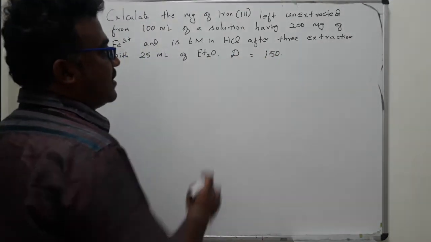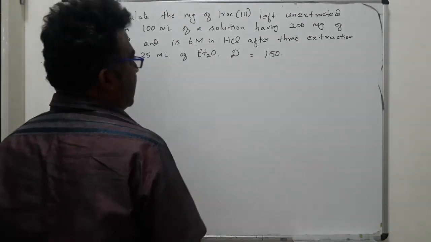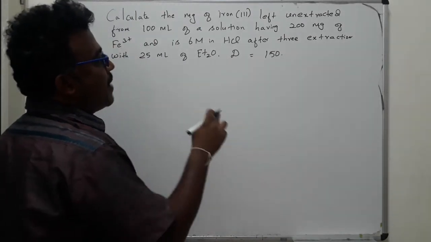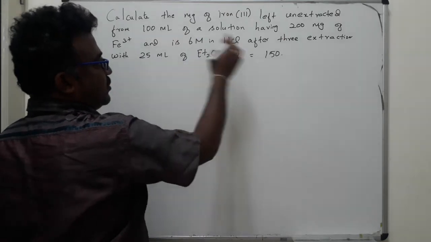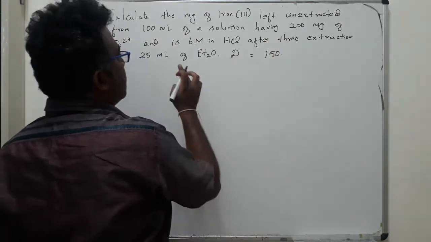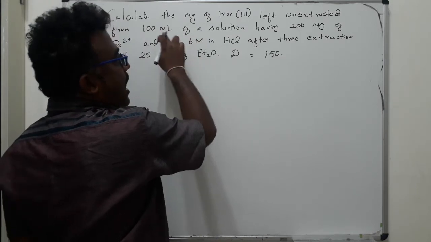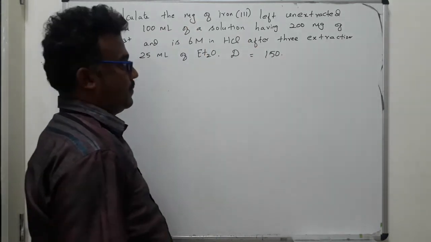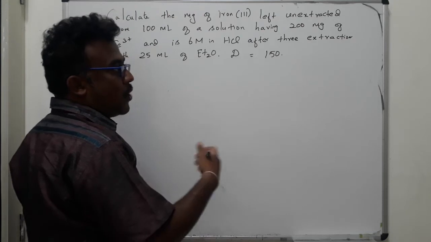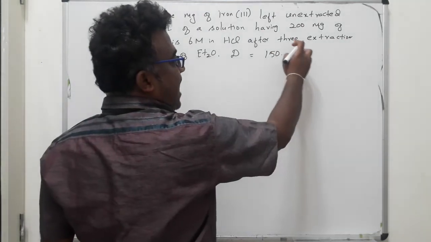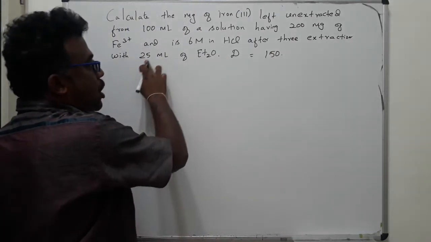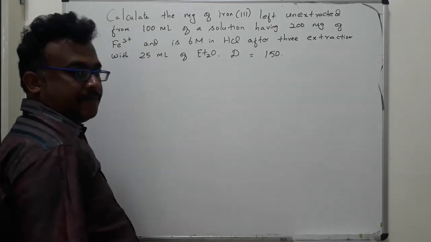So they have given the distribution ratio which is 150 and the volume of aqueous solution. Actually 200 milligram of iron 3 is present in 100 ml of aqueous solution. They have done 3 times extraction with 25 ml of ether.